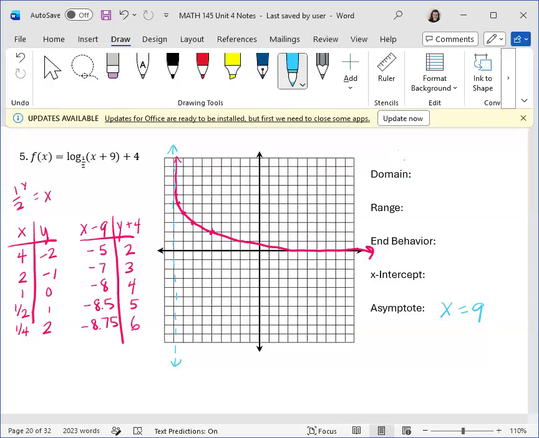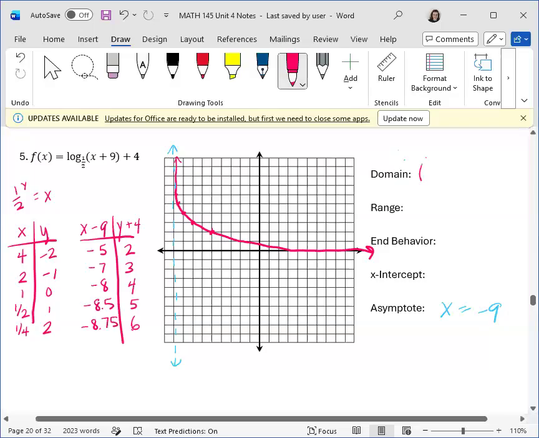All right, thinking about the vocabulary here, taking a look at the domain, oh, and I forgot my negative sign on the 9. x equals -9. Let me rewrite that. Okay, there we go. x equals -9 is the location of the asymptote.